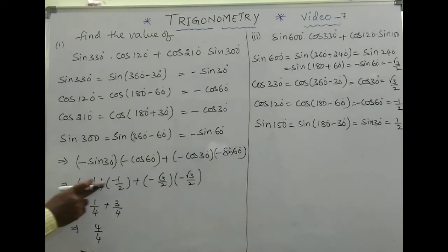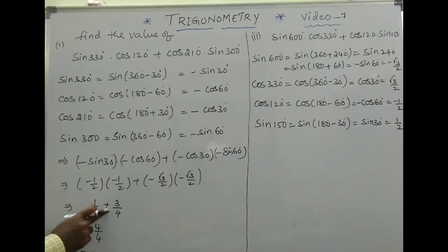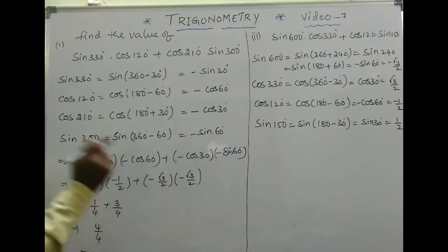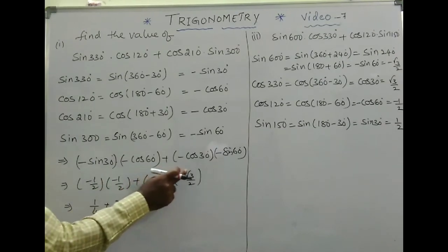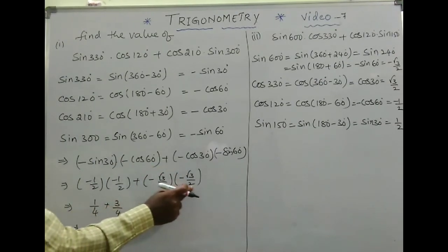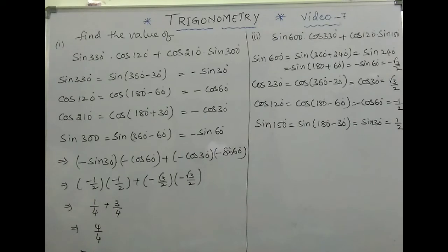Now minus 1 by 2 into minus 1 by 2, minus into minus is plus, 1 by 4, plus similarly minus into minus plus, root 3 into root 3 is 3, by 2 into 2 is 4. Taking LCM, 3 plus 1 is 4 by 4, finally the answer is 1.